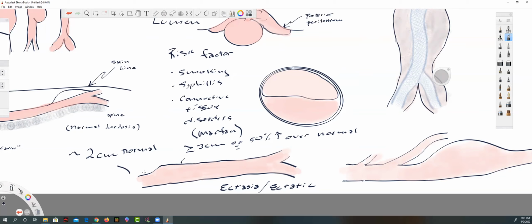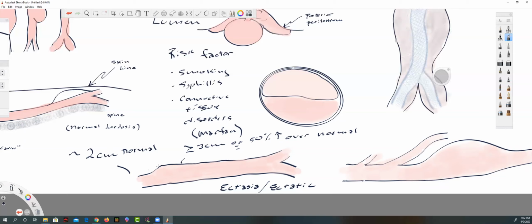If we're looking at the aorta just as it's coming through the diaphragm, and we measure it at, well, let's just say we measure it at 2.5 centimeters, and whatever 50% of 2.5 would be, 0.75, so 3.25.